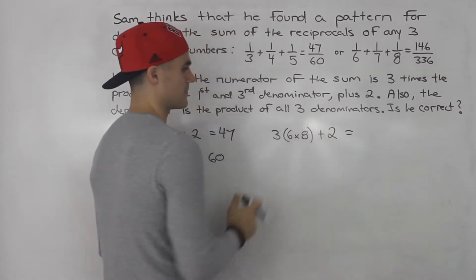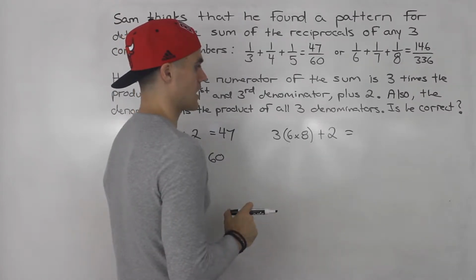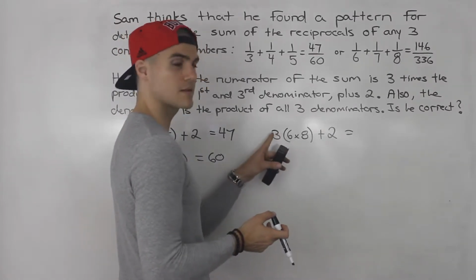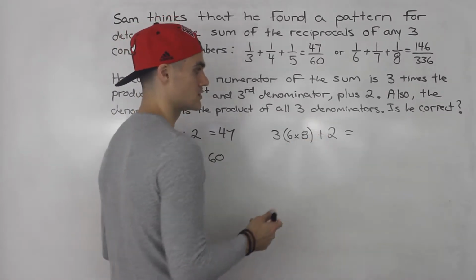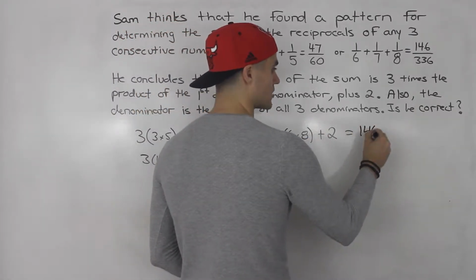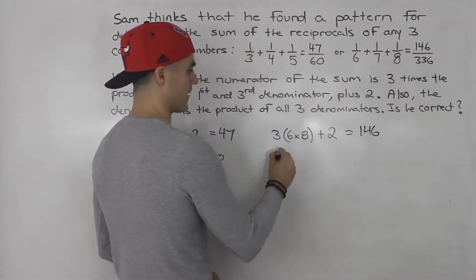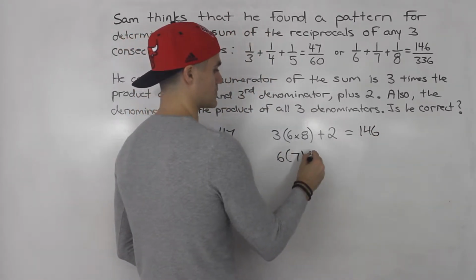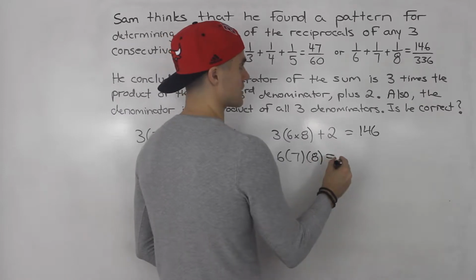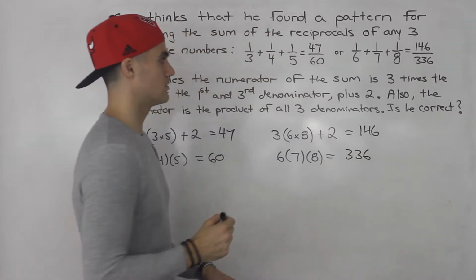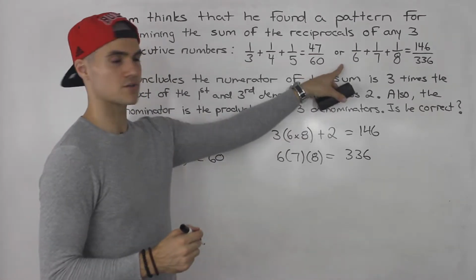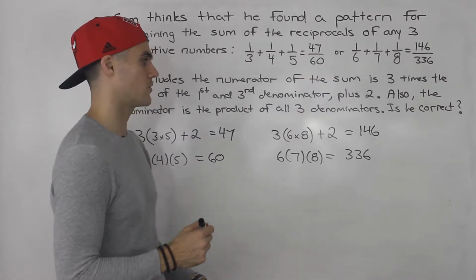Well, 6 times 8 is going to give us 48. 48 times 3 is going to give us 144. 144 plus 2 gives us 146. And then 6 times 7 times 8 gives us 336. So his observation also works for the second example.